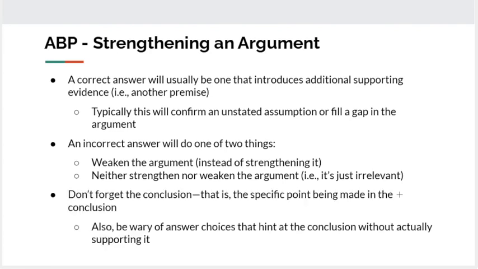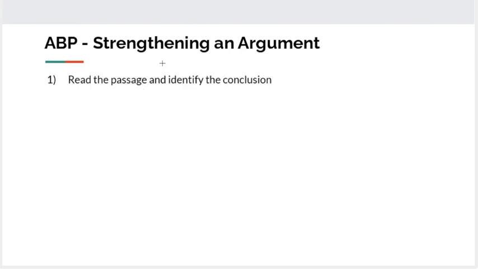And we want to make sure to be mindful of the conclusion, that is, the specific point being made in the conclusion, because if you're asked to strengthen an argument, you need to be clear on what that argument is. And you also want to be wary of answer choices that hint at the conclusion without actually supporting it. Both parts of this are important. You want to understand the argument, and you want to make sure that the option you're selecting is actually strengthening that argument.